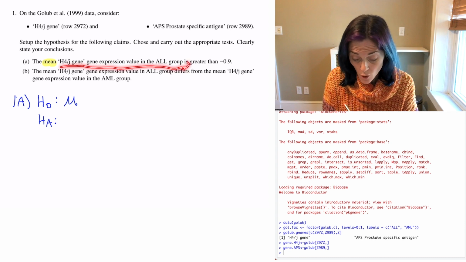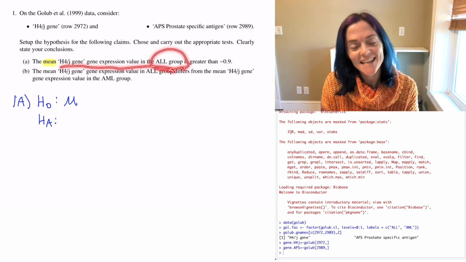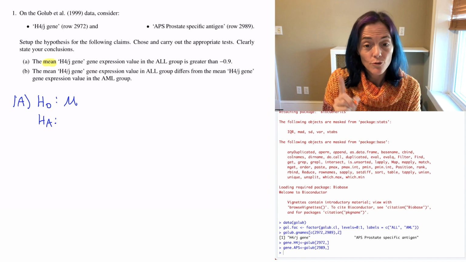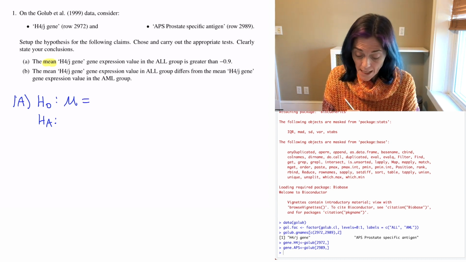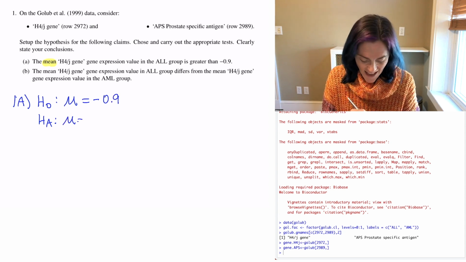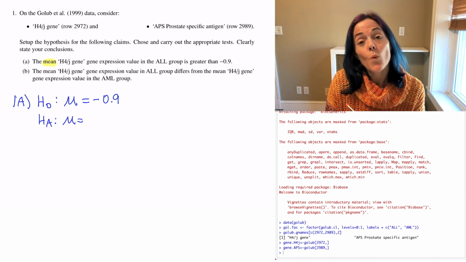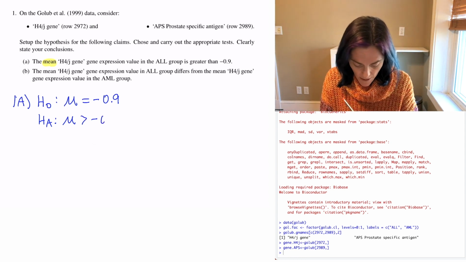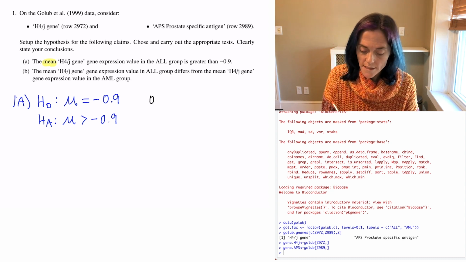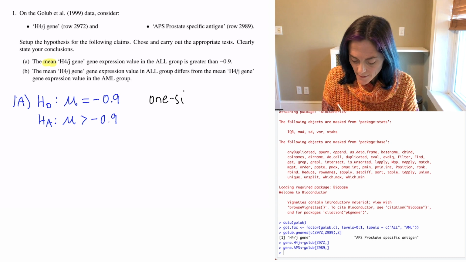It's the mu of this particular gene expression in the ALL group, but the null would be that this mean gene expression is -0.9, and the alternative, this is one-sided, would say that mu is greater than -0.9. So we want to use a one-sided t-test.